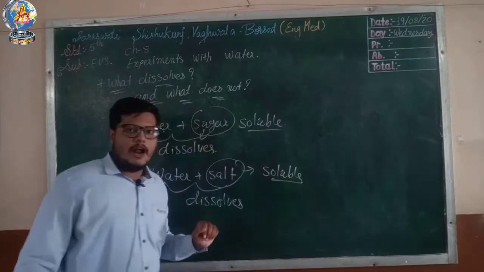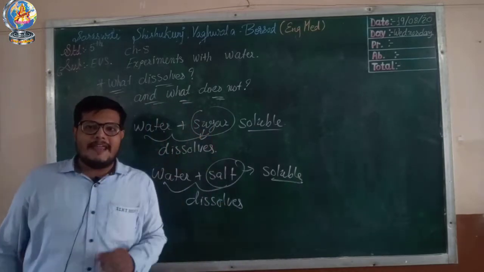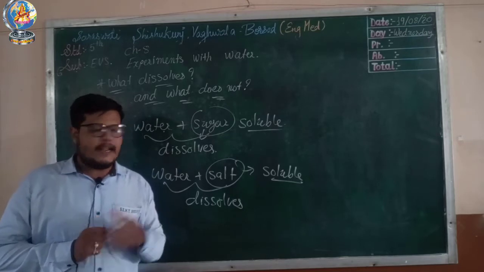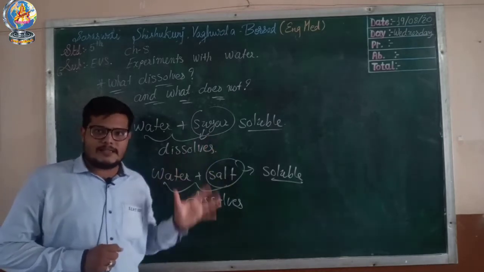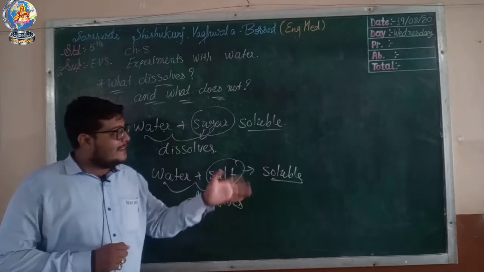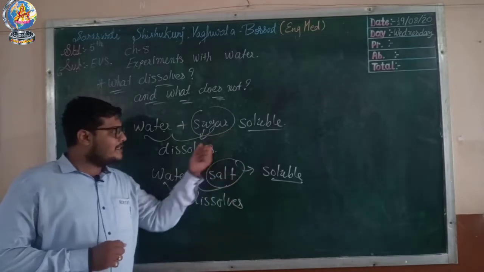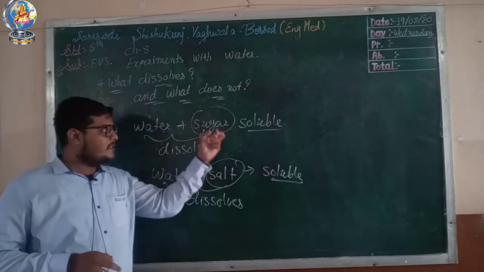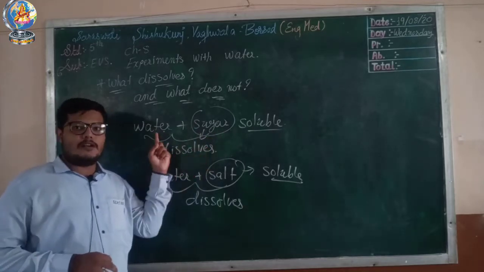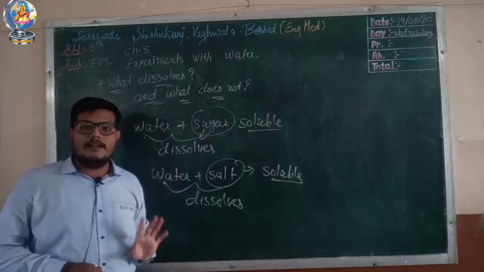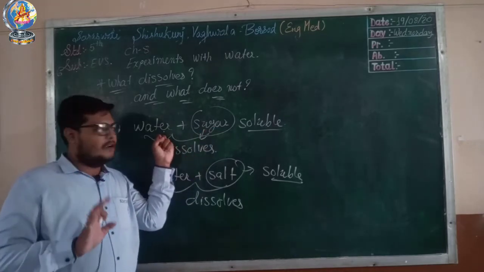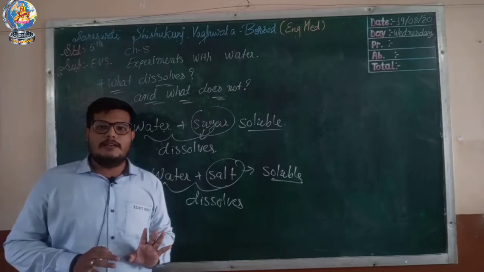From this we can make a definition of soluble substances. Look here, sugar and salt both are substances, so we can say a substance that dissolves in liquid, or you can write water. A substance that dissolves in water or liquid is called a soluble substance, right?